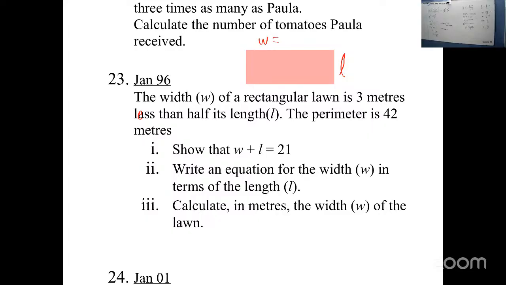By writing that. What, take away 3? It said less than half its length.